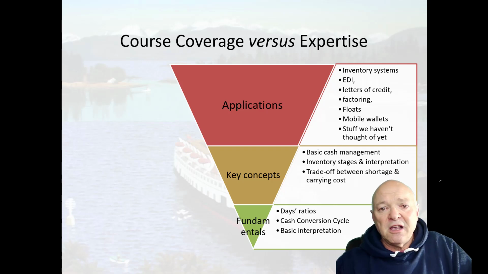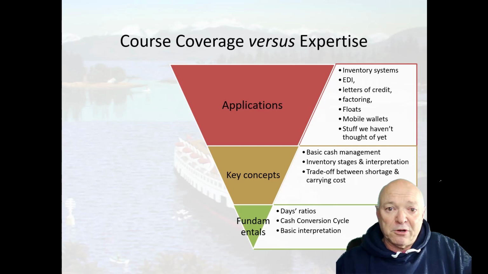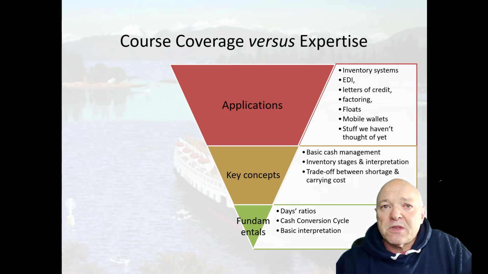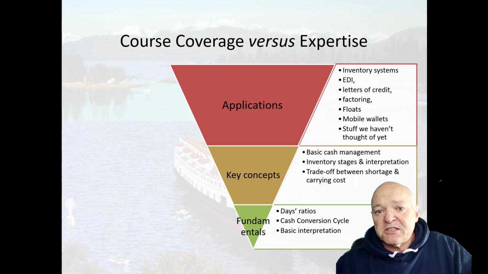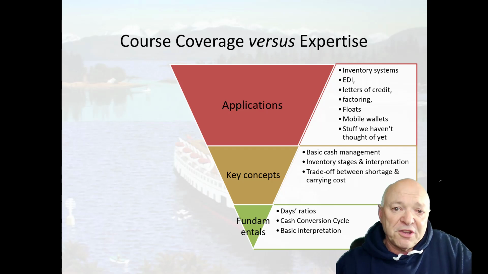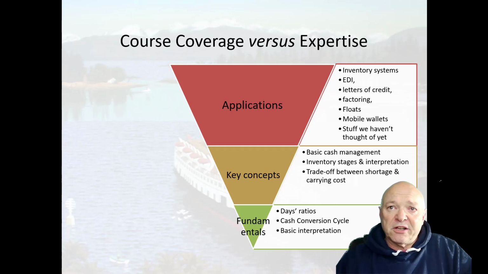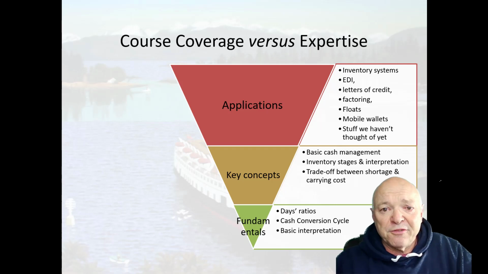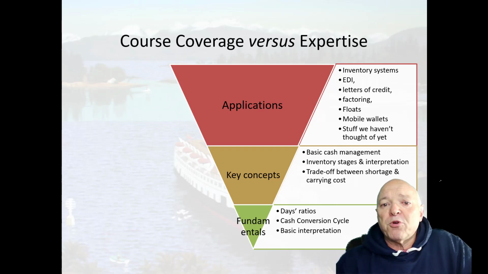Of course, this is a very superficial view that doesn't take into account all of the things that happen in working capital in an organization, like cash management, the details of different stages in inventory management, and the interpretation of that data. Also, some of the important trade-offs between the cost of not having goods to sell and the cost of carrying all of that inventory.